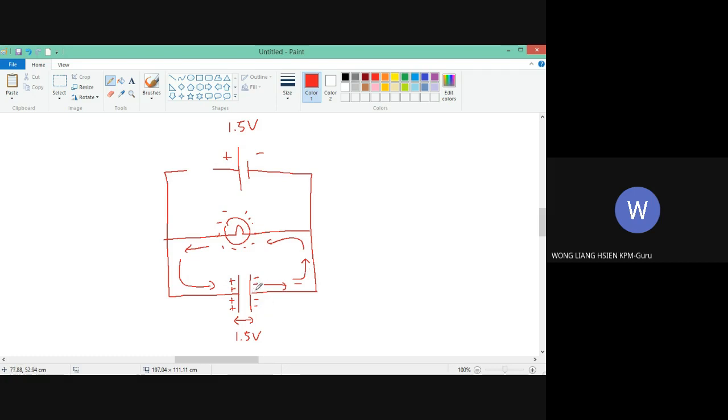So the electrons will flow from this metal plate to this metal plate. If electrons flow, that means you have current flow. This is the flow of electrons, this is the flow of current.